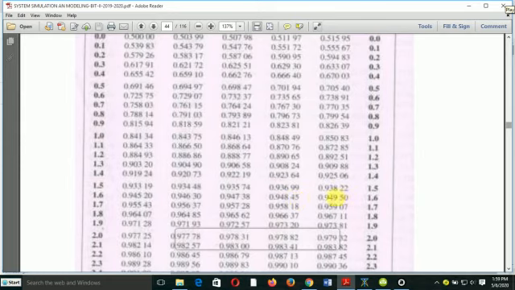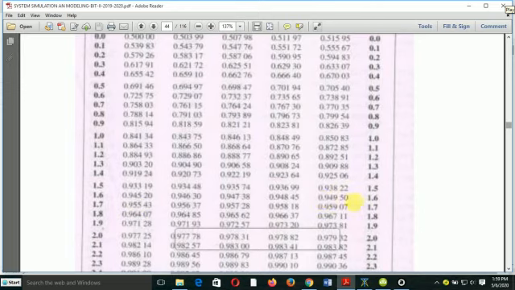This is the approximate value. It is an approximation near to 0.95. It is okay, because when you go here, this value is greater than 0.95, so it is not the same. So the approximation is here.